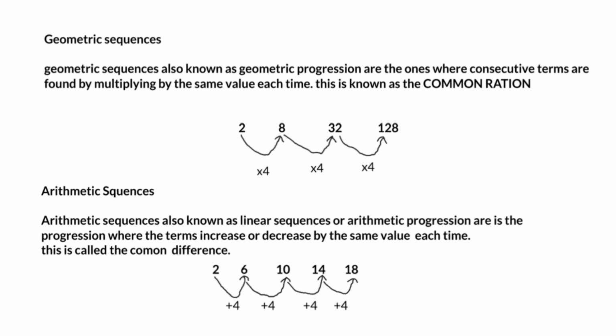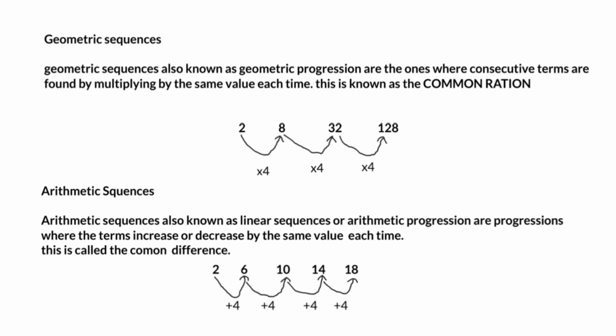Now we move to the next one, arithmetic sequence. Arithmetic sequence, also known as linear sequences or arithmetic progressions, are progressions where the terms increase or decrease by the same value each time. This is called the common difference. As you can see, the numbers are increasing by the same value each time. 2 plus 4 is 6, 6 plus 4 is 10, 10 plus 4 is 14, 14 plus 4 is 18.